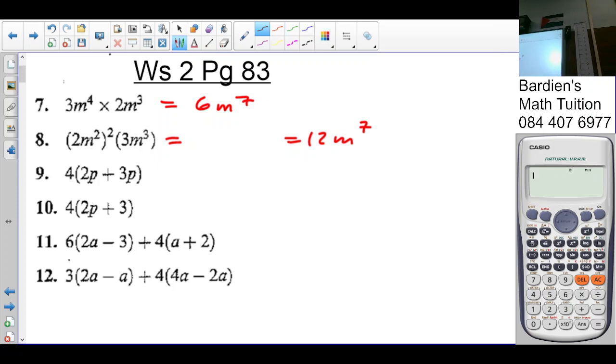Let's see how we got that. So we need to apply the square first. So 2 squared is 4. m, 2 times 2 is also 4. Times 3m cubed. Could have stayed in a bracket, you know. 3 times 4 is 12. m^4 times m^3 is m^7. When we're multiplying and the bases are the same, we add the exponents. Don't forget. Okay. Next one.